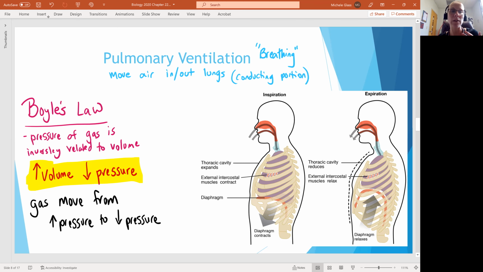So first of all, we've determined that the volume affects the pressure of the gas. And then we know that gas is going to move from an area of high pressure to an area of low pressure.